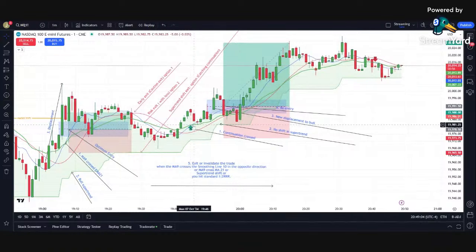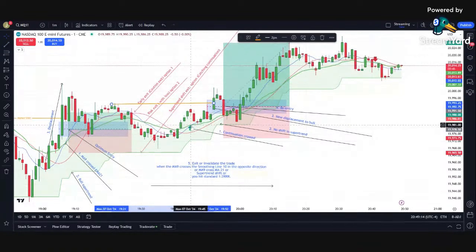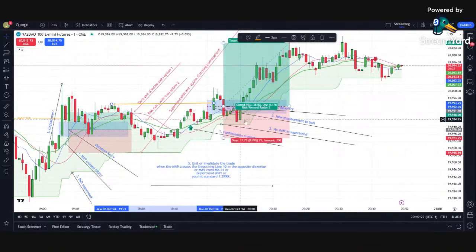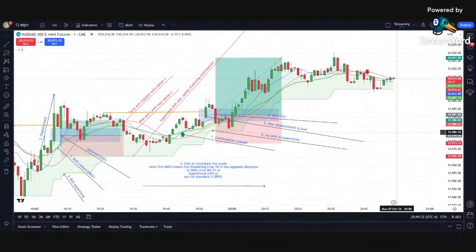Then you will not enter a trade unless you have a displacement that breaks and creates another market shift, which is this one. So you have the first signal, market shift, displacement candle, fair value gap, and a market shift. This is a confirmation. Okay, I'll enter. You enter here, and then you hit your 1:2. Good trade, right?